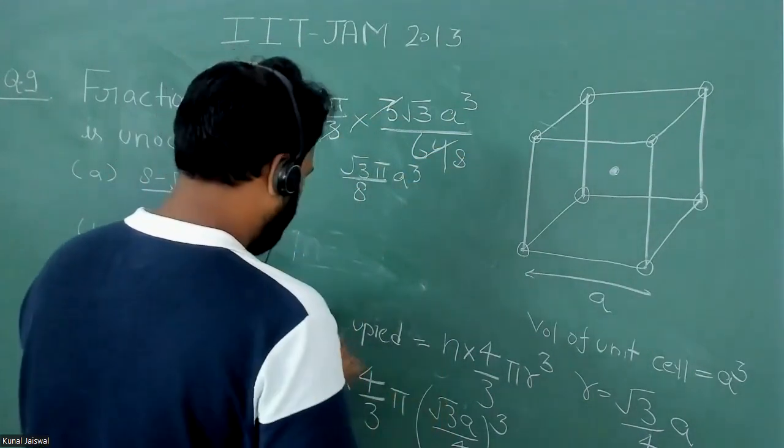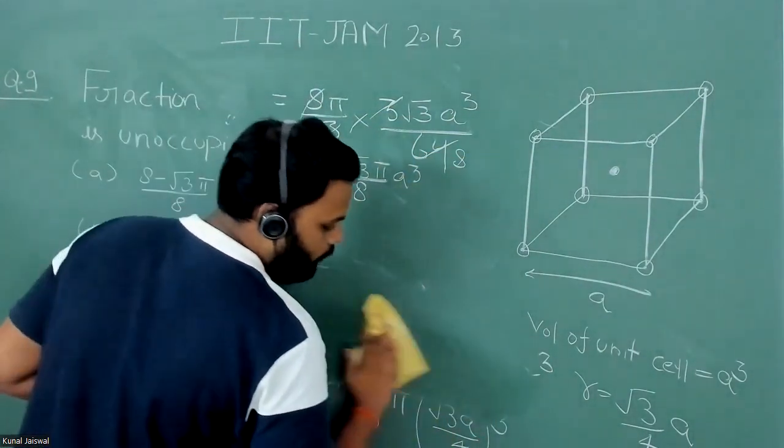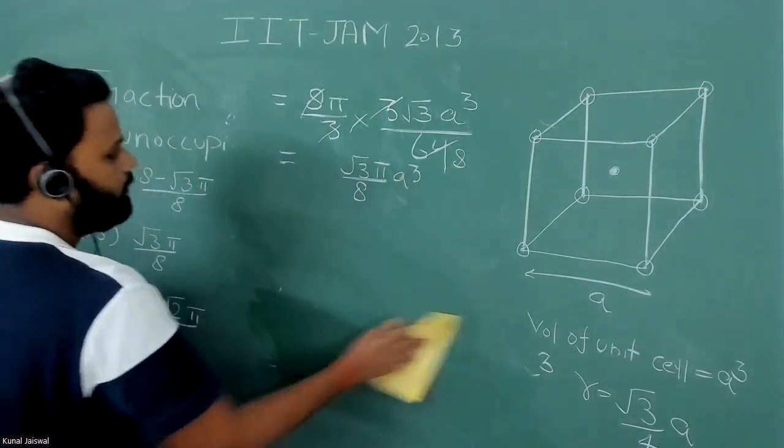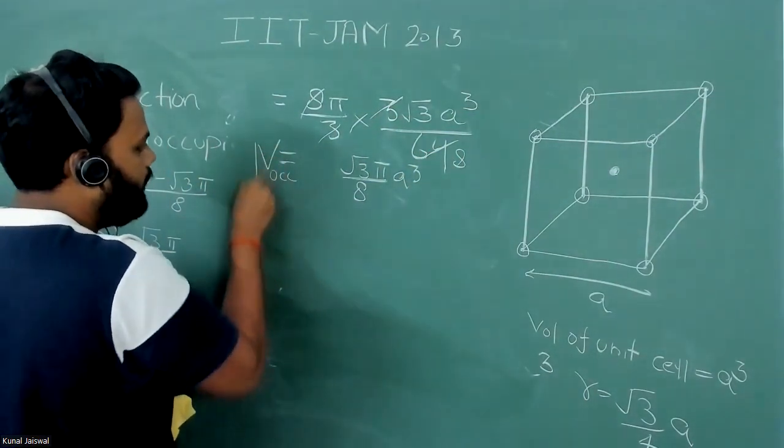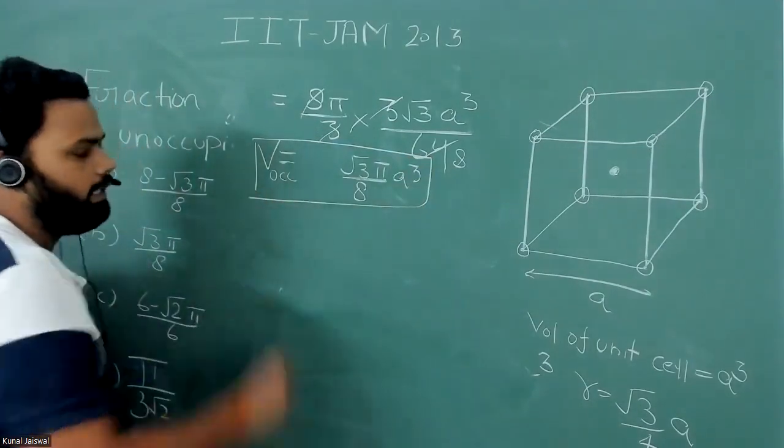Okay, so this is the volume which is occupied by the atoms in the unit cell.